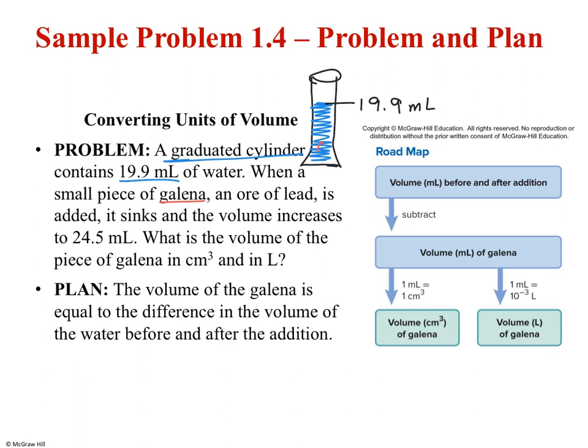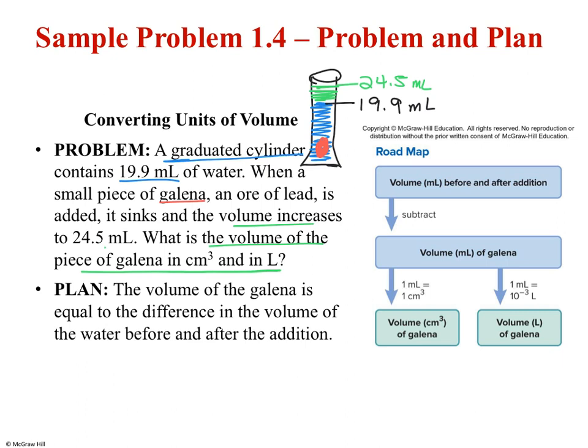When a small piece of galena, an ore of lead, is added, it sinks. Okay, so then we're going to add a piece of lead here, and it sinks, and now the volume increases to 24.5 milliliters. So the question is, what is the volume of the piece of galena in centimeters cubed and in liters?